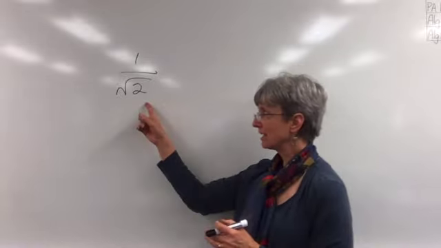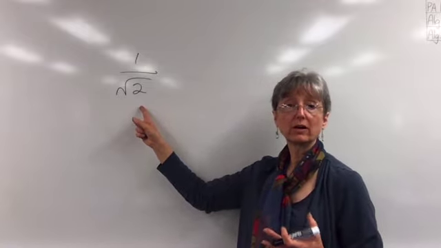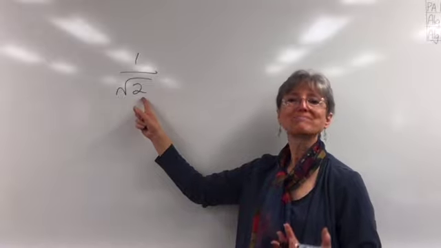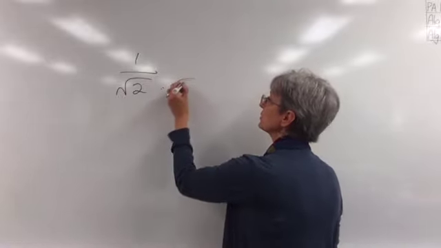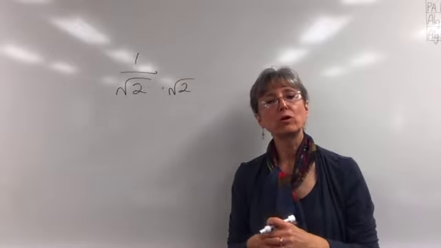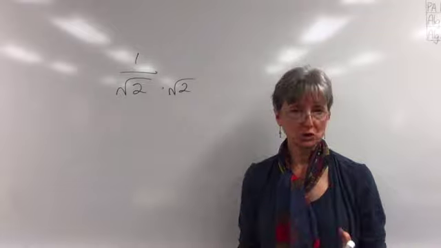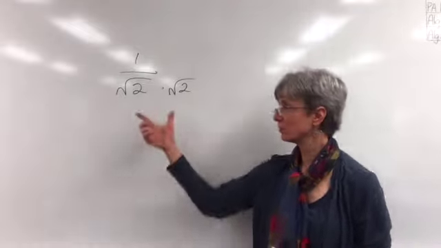So what you need to think of is, what do I multiply this by in order to get rid of the radical? And since it's the square root of 2, I'm just going to multiply it by the square root of 2. Because the square root of 2 times the square root of 2 is the square root of 4, which is 2. All right, the square root of 2 squared is 2. We're getting rid of this.